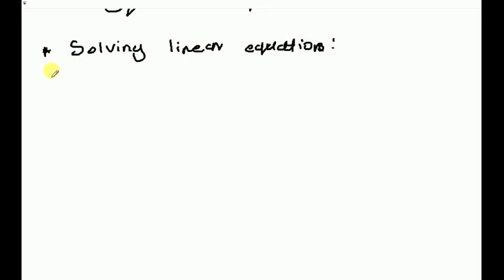So what are linear equations? You have to know that linear equations are equations where the power of the variable is 1, and our variable in this case is x.